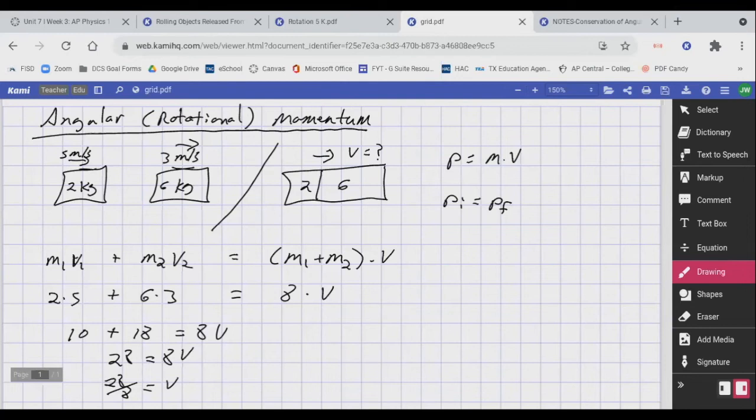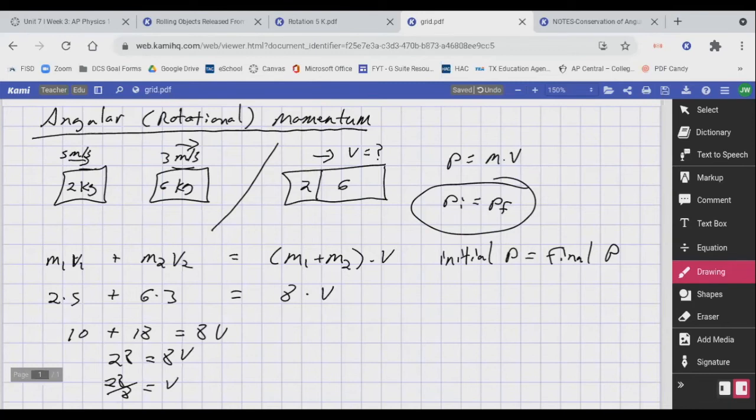Okay, so the second momentum equation I wrote, this one right here, is just saying the initial momentum is equal to the final momentum. That's all that's saying. Mr. Watley, yes, this was a perfectly inelastic collision, right? Yeah, they stuck together, so it's inelastic.